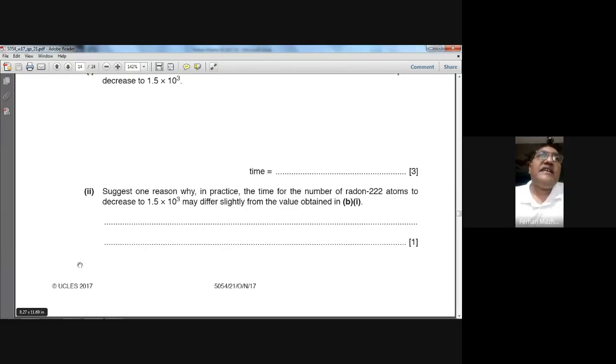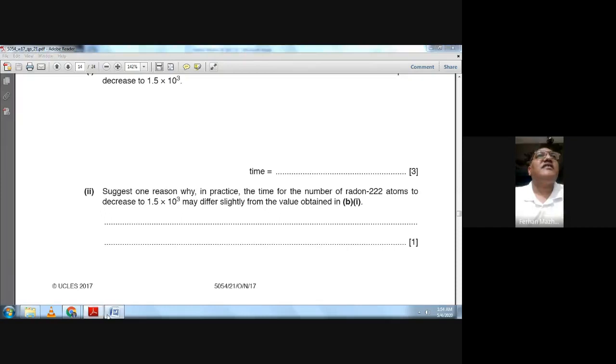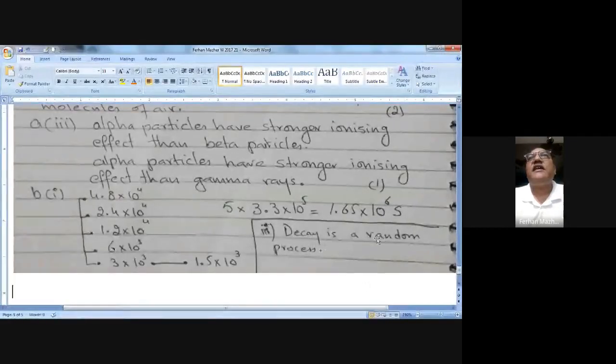The reason is that radioactive decay is a random process, so it does not remain constant throughout. My answer is written here: decay is a random process. That's why the time will be slightly different.